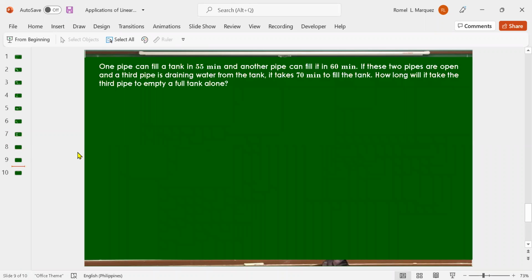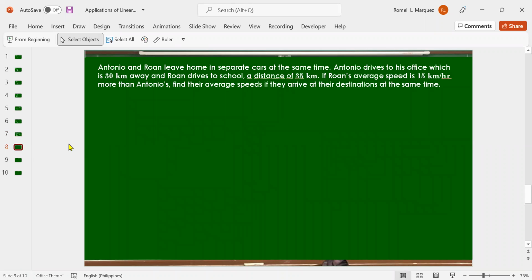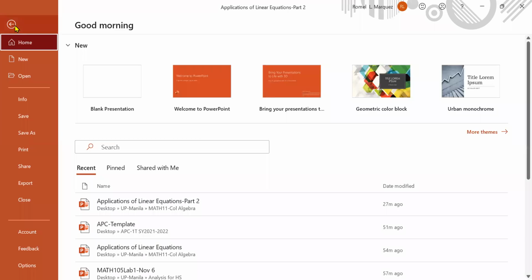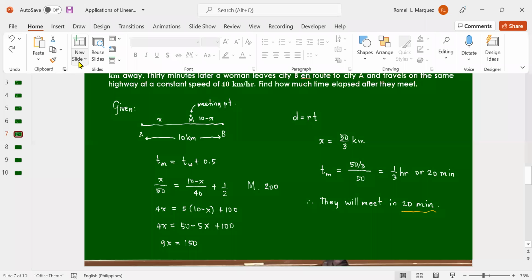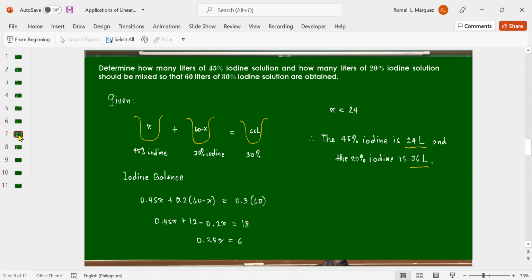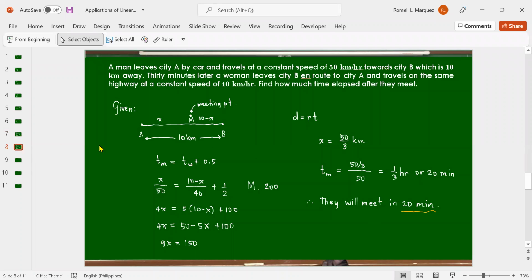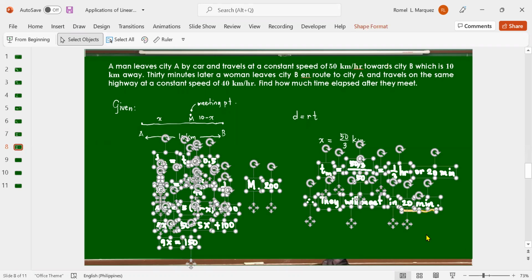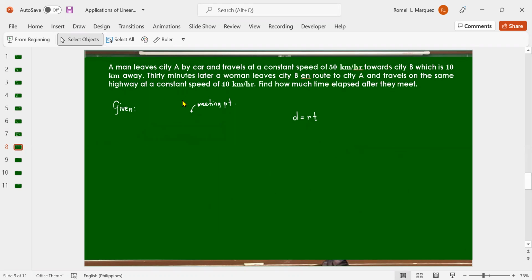Another way to do this. I will erase this. I'm going to solve it by another method. So instead of equating time, we equate distance.